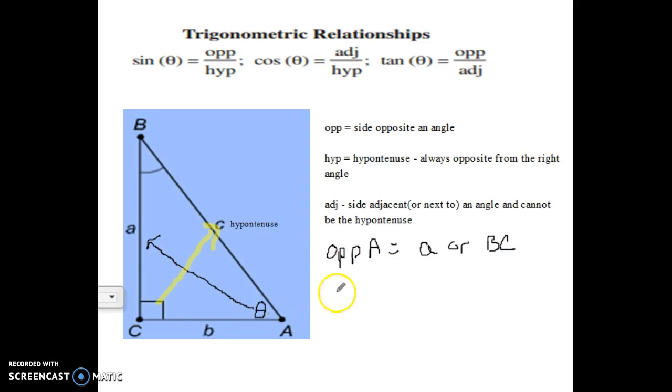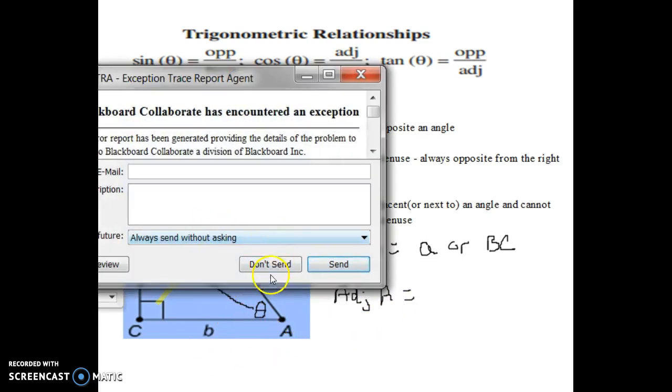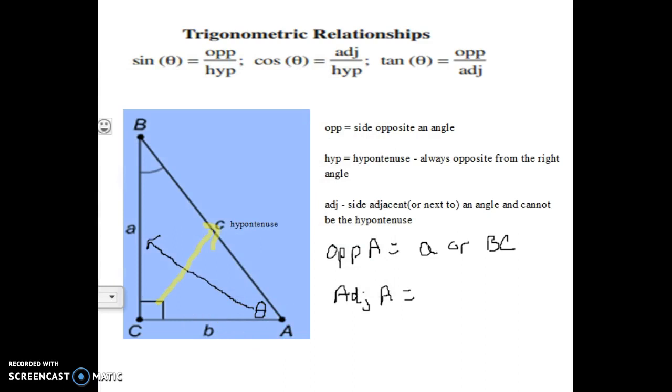All right, the adjacent side for angle A is going to be the side next to it, but not the hypotenuse. So notice this side is next to it, but that's our hypotenuse, so that can't be the adjacent side. So the adjacent side is going to be side B or AC.